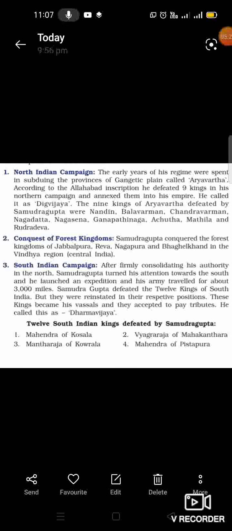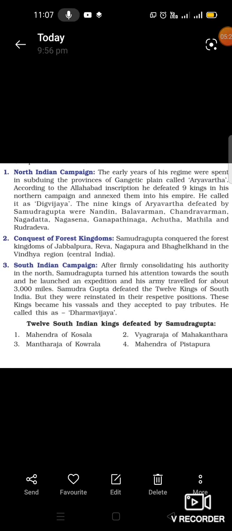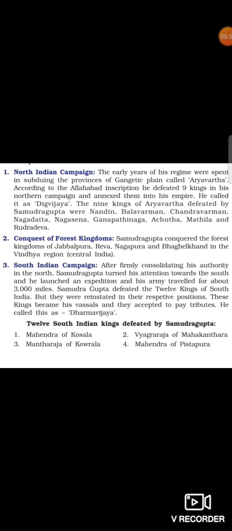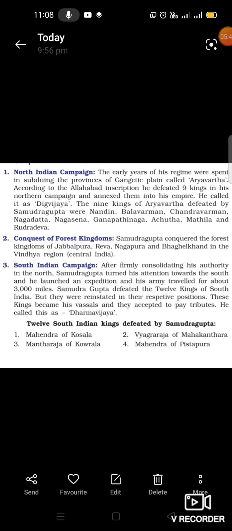First, the North Indian campaign. The early years of his regime were spent in subduing the provinces of the Gangetic plain called Aryavarta. According to the Allahabad inscription, he defeated 9 kings in his northern campaign and annexed them into his empire.